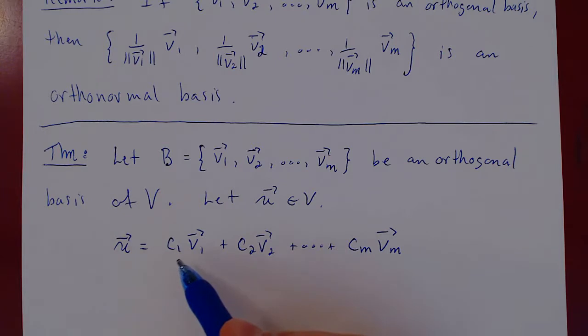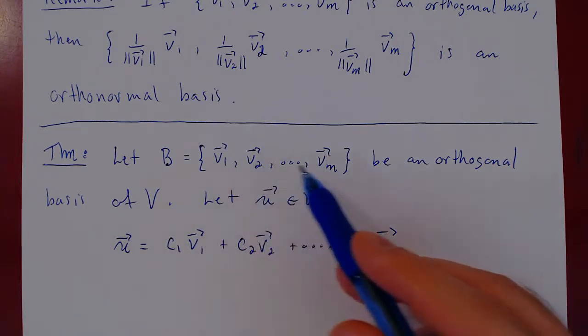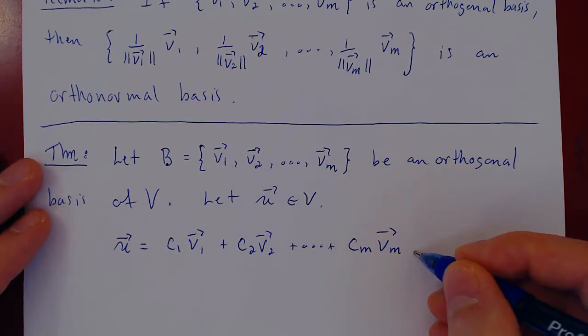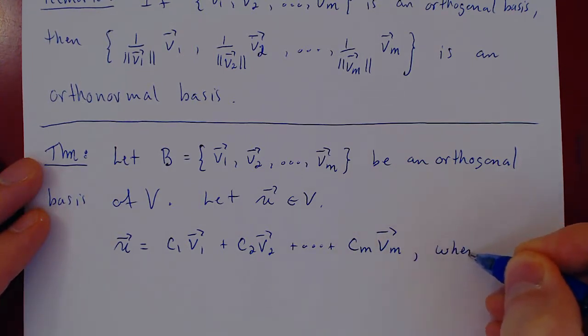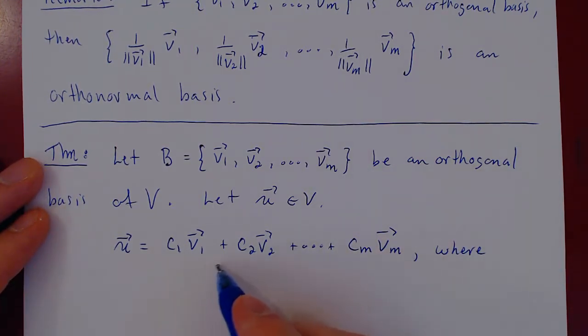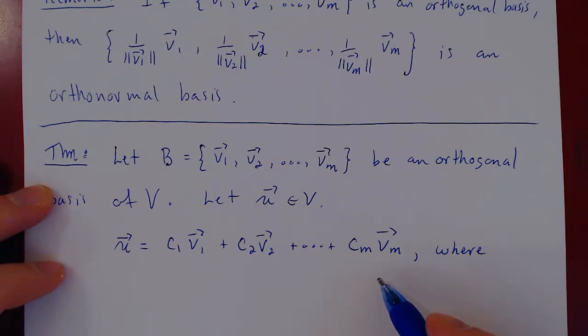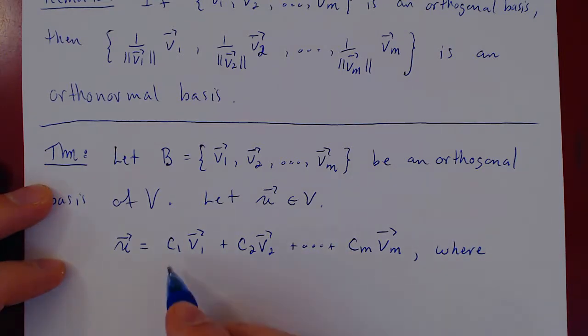When you express u as a combination of the orthogonal basis vectors, and you want to solve for the coefficients of the linear combination, you do not have to solve the linear system. Here's the shortcut.